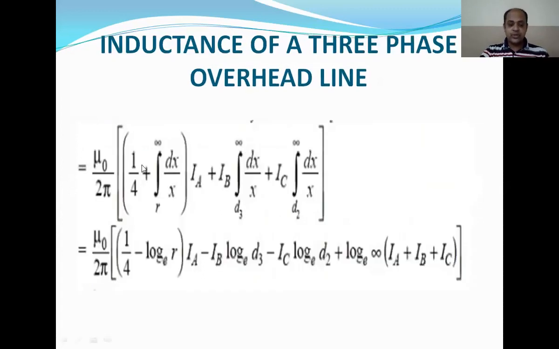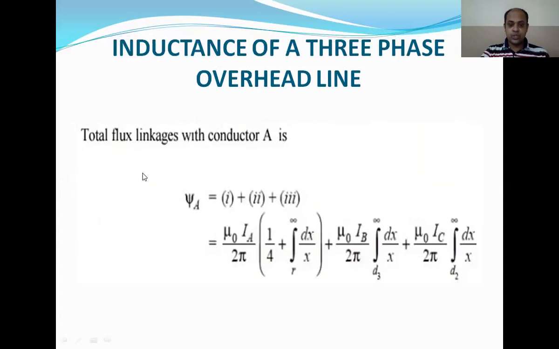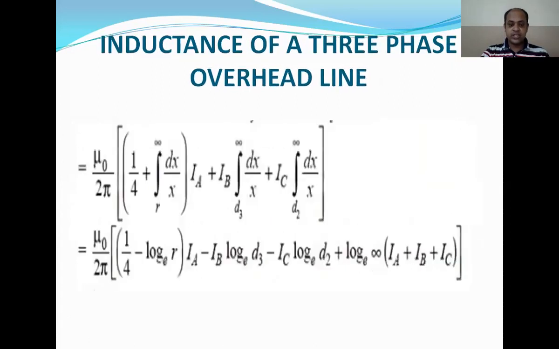Then from the first part it is 1 by 4 plus integration r to infinity dx by x into IA, plus IB into integration d3 to infinity dx by x, plus IC into integration d2 to infinity dx by x. In the next line, mu 0 by 2 pi is the common part, then 1 by 4 plus, what is integration dx by x? Integration dx by x is equal to log mod x.